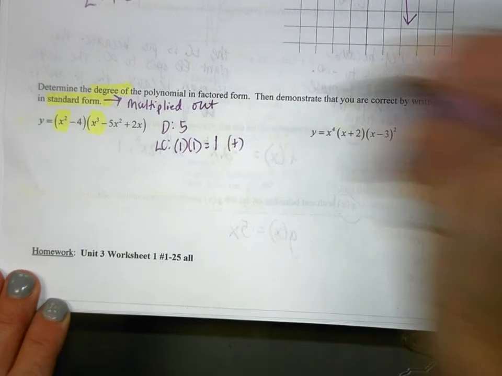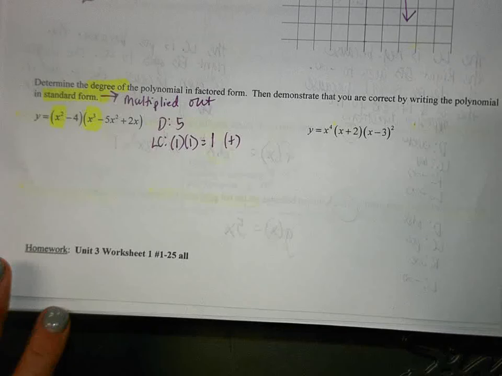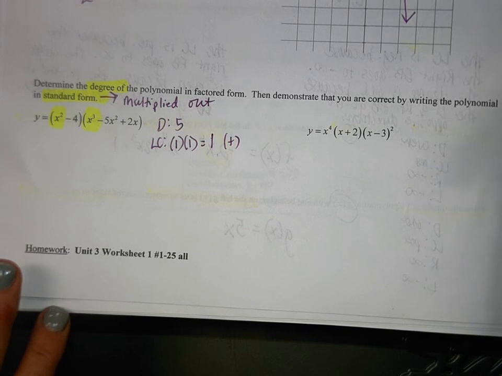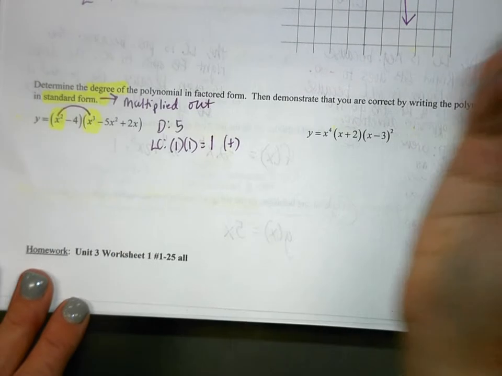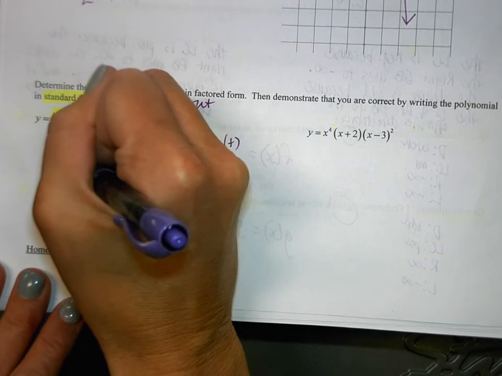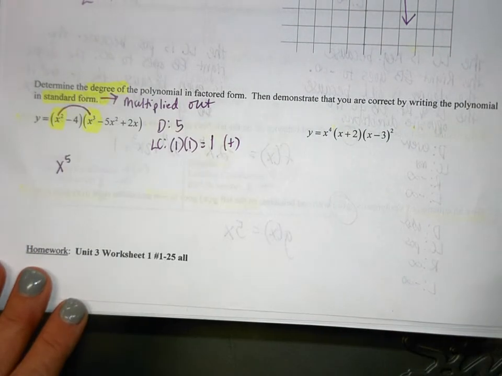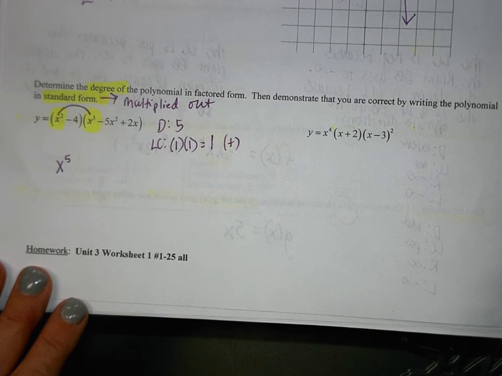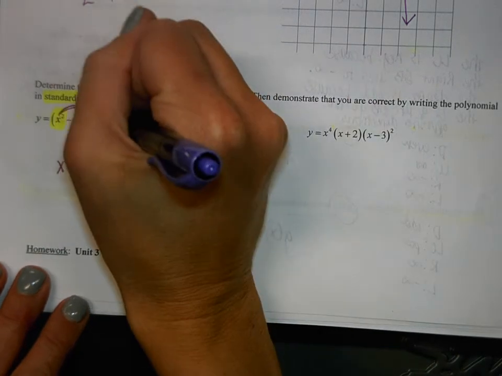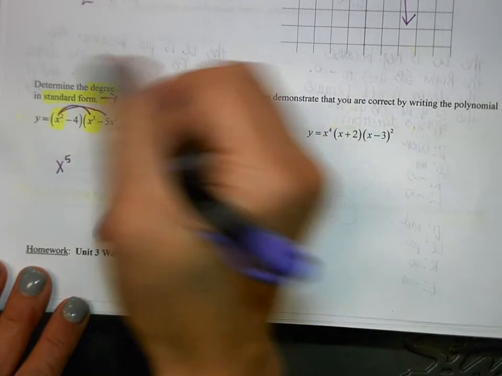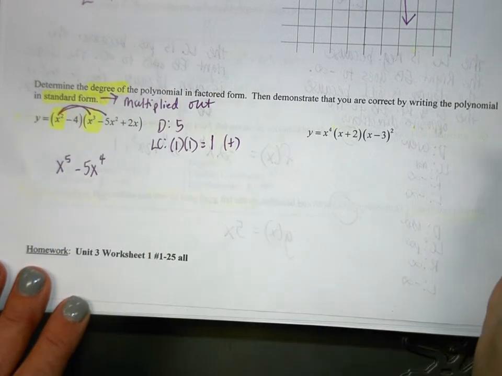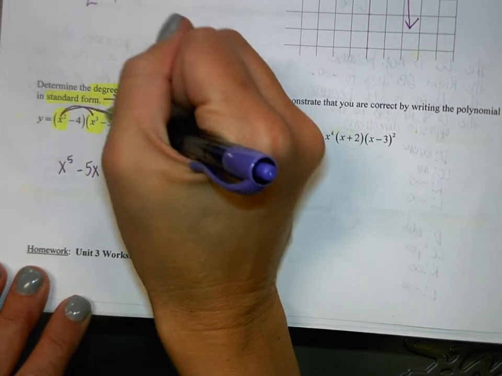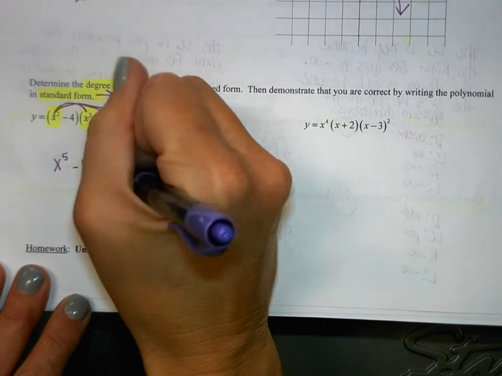To check this out, to see if it's actually true, you could multiply it out. And so we would distribute. X squared times x to the third gives you x to the fifth, because when you're multiplying with exponents, you add them. X squared times negative 5x squared gives me negative 5x to the fourth. X squared times 2x is 2x to the third.